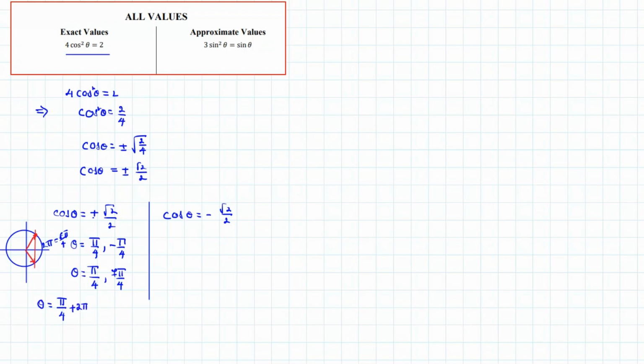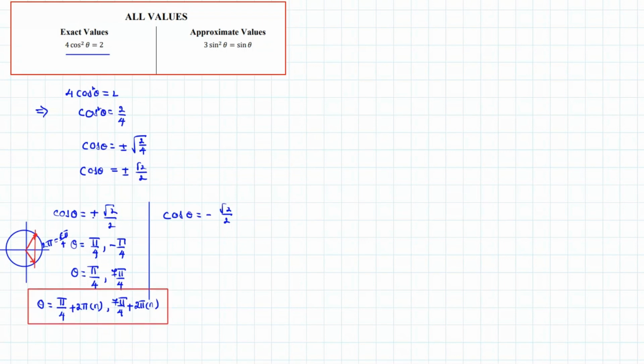Okay, so now let's solve this equation. Cos theta equal to negative root 2 over 2. So cos theta equal to negative root 2 over 2, what is theta? When we have cos theta equal to negative root 2 over 2, let's use our unit circle.